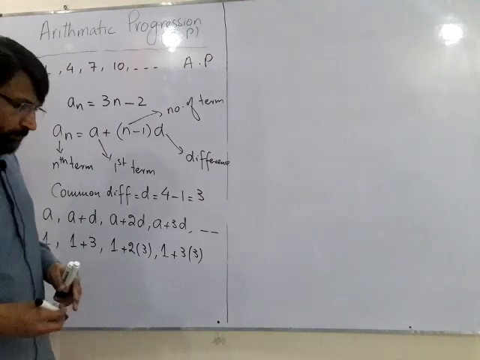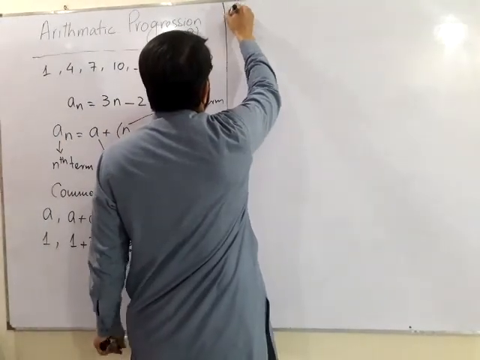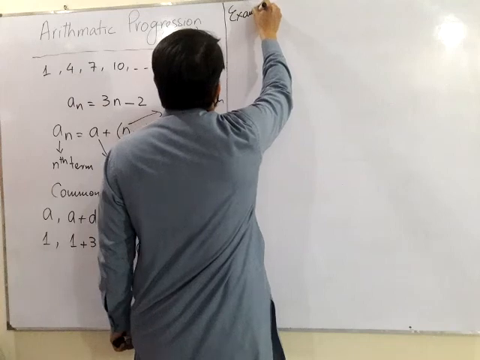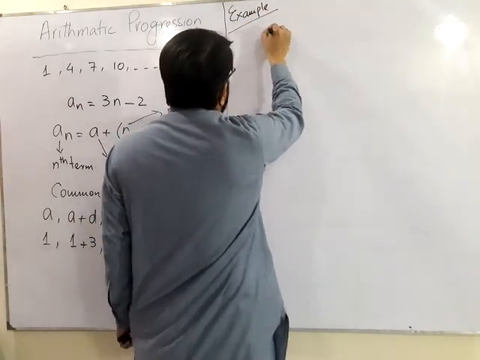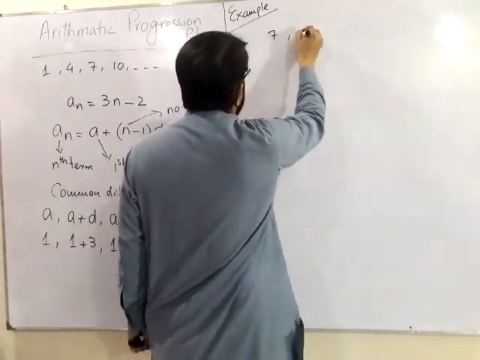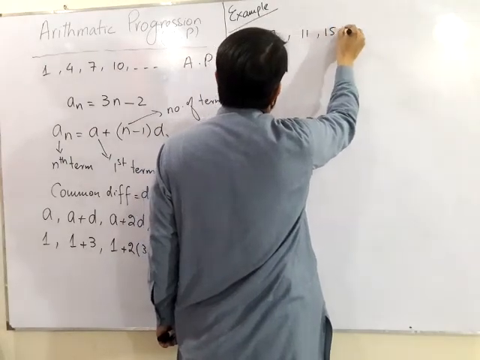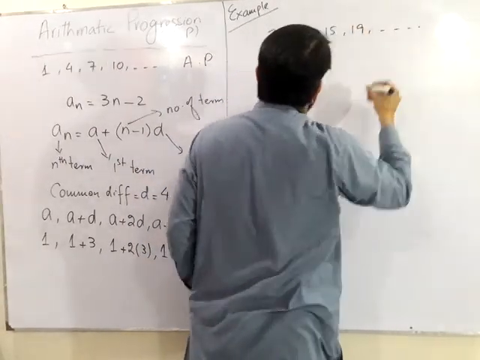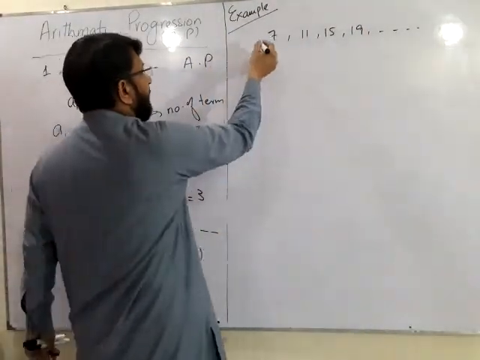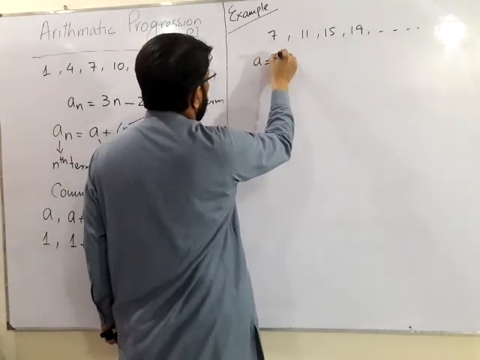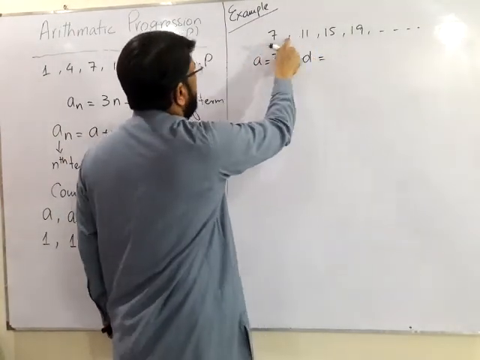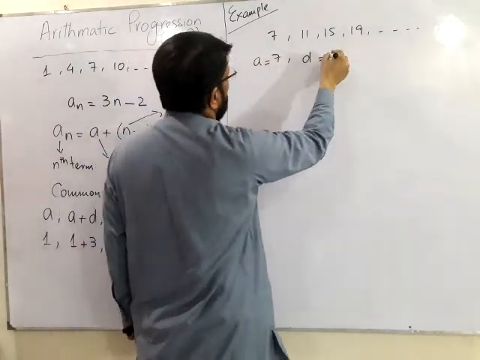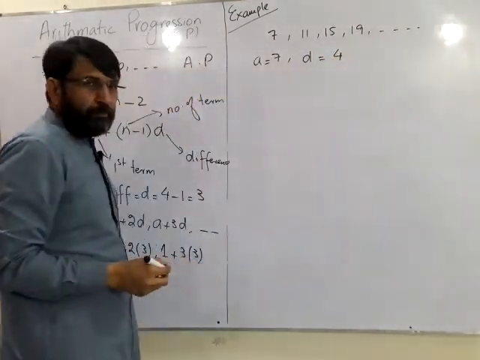Let us see another example. Like 7, 11, 15, 19 and so on. Here, the first value is 7. The difference we can calculate by subtracting consecutive terms, which is 4.